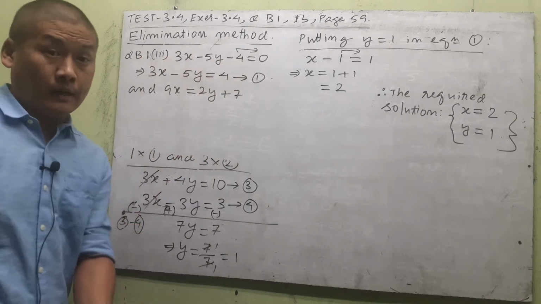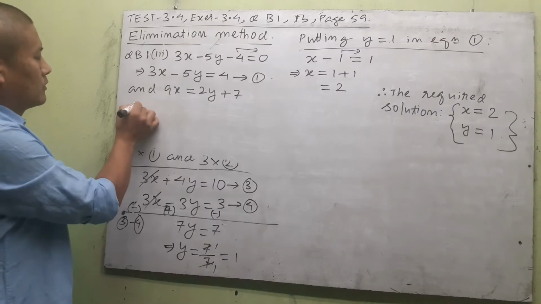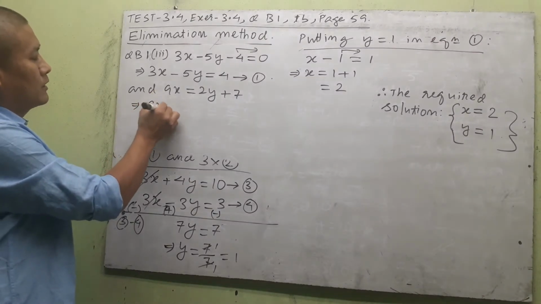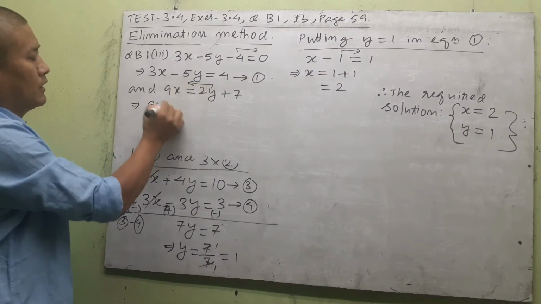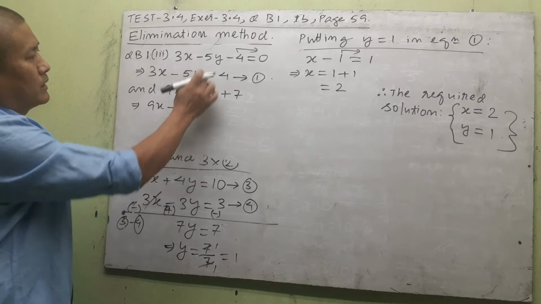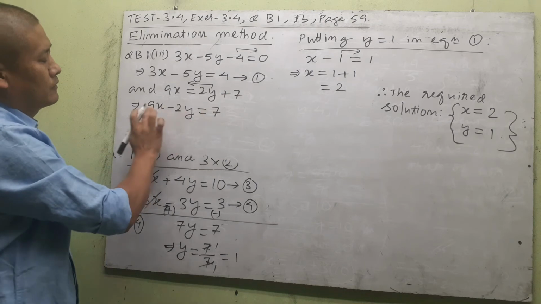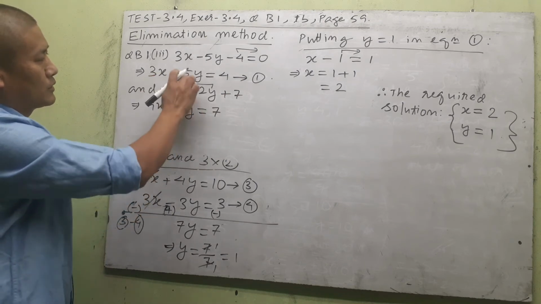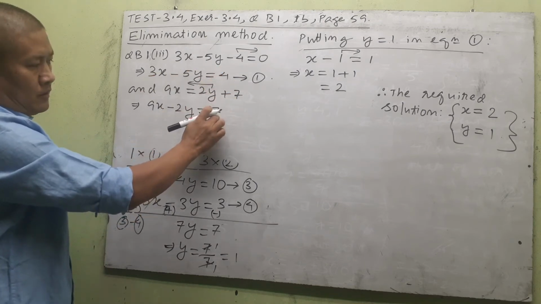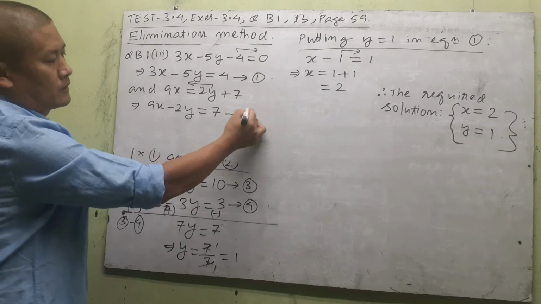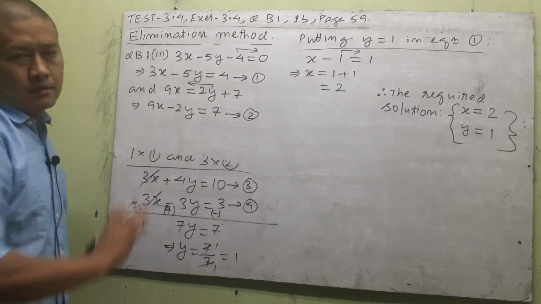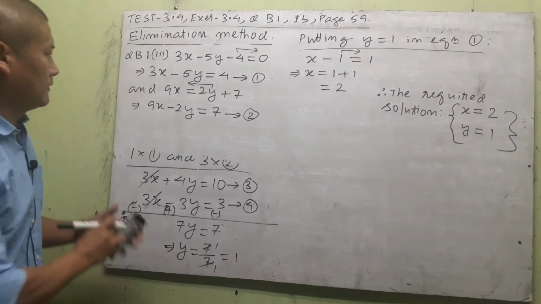So this also needs rearrangement, because the x term is okay, but you have to shift this plus 2y to the left side to make it second place, like this, first and second. And this 7, no need to shift. X term first place, y term second, the numbers on the right side, so the pattern is matching. Okay, that makes it easier for us to solve.